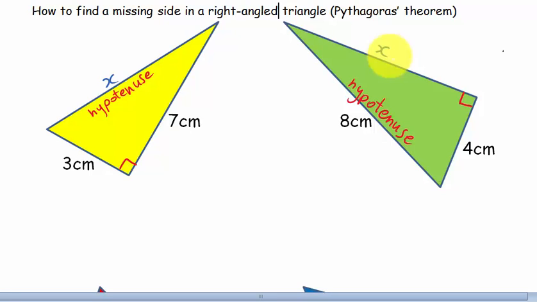If the side we're looking for is the hypotenuse, the Pythagoras equation has a plus in it, just like this. If the side we're looking for is not the hypotenuse, the Pythagoras theorem has a minus in it.